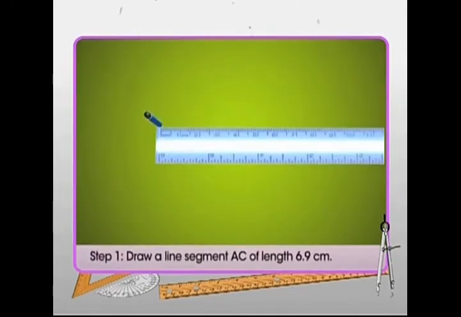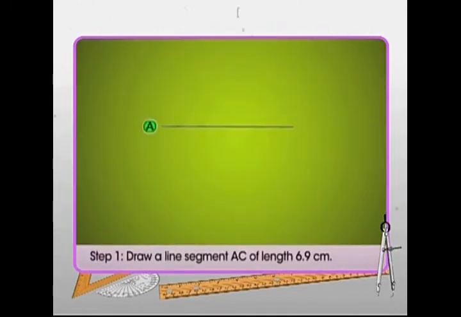Take the ruler and draw a line segment AC measuring 6.9 centimeters.